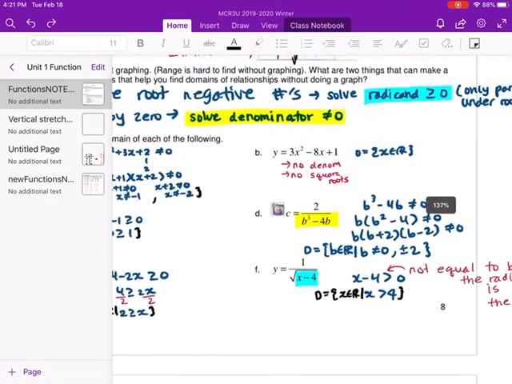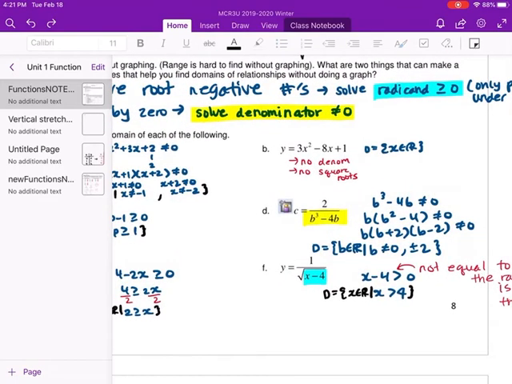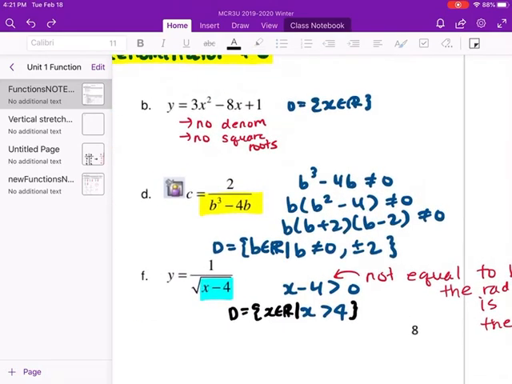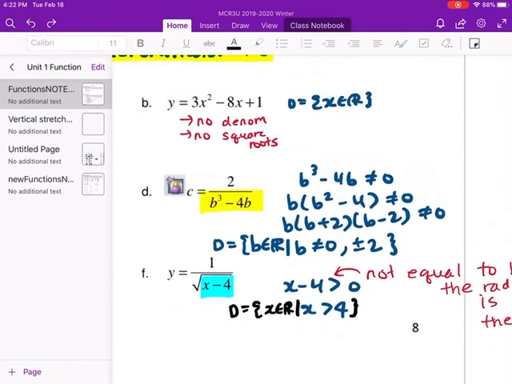Okay, part D, there's a denominator. So you're going to make sure that you say the denominator can't equal 0. You're going to factor it all out. So you take b out as the greatest common factor. You notice it's b squared minus 4, which is an example of a difference of squares. 2 times -2 equals -4. Meanwhile, 2 plus -2 equals 0, which is the middle term.